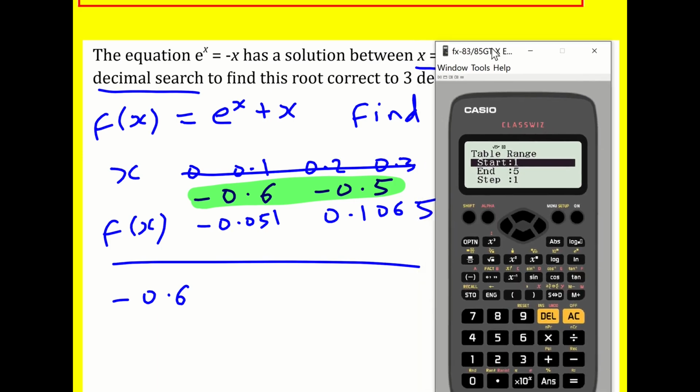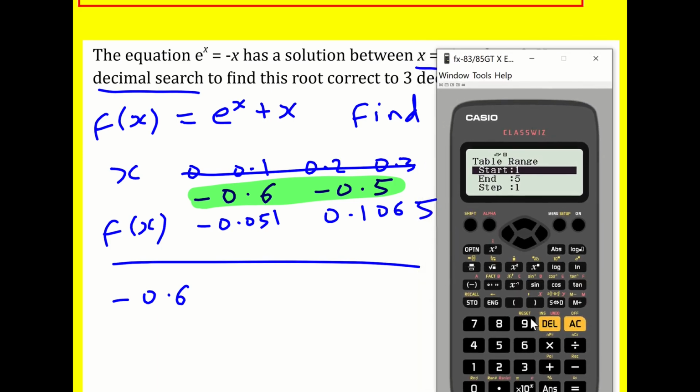So actually the starting number I've not really talked about today. We're going to start at -0.6, end at -0.5, step this time of 0.01, and there we go. We can see it's between -0.57 and -0.56.